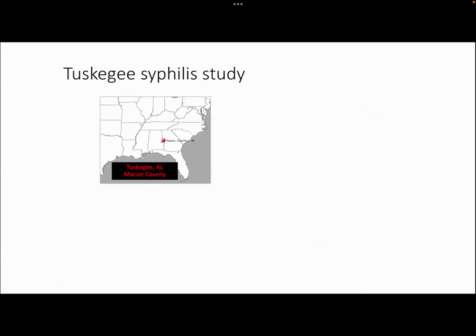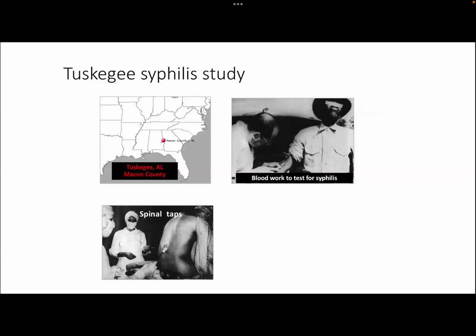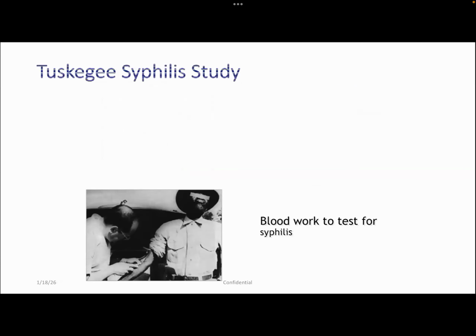So what was the experimentation? They enrolled African farmers, mostly farmers, or you can say field workers. And they told them, you have bad blood and we are just testing it and curing you.